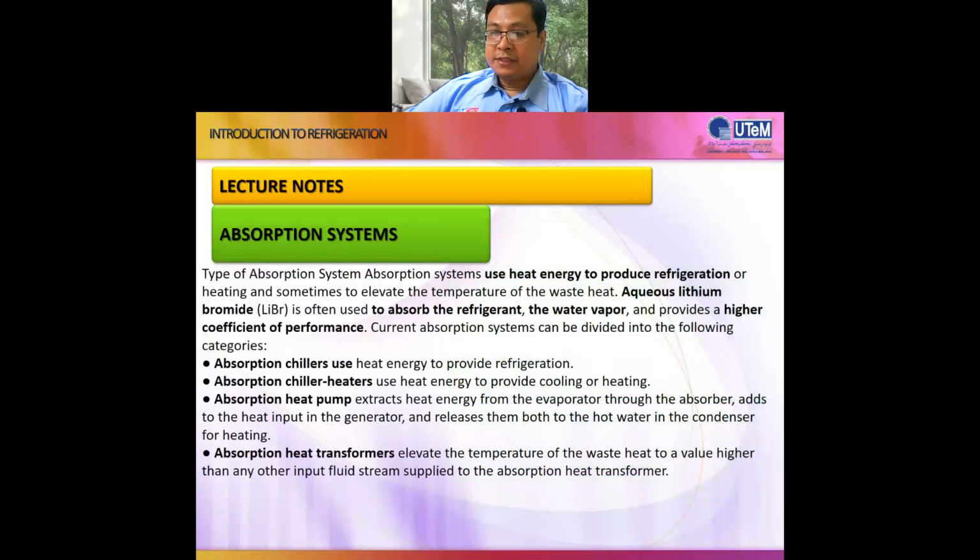So we go first to the definition and principle of the absorption refrigeration system.